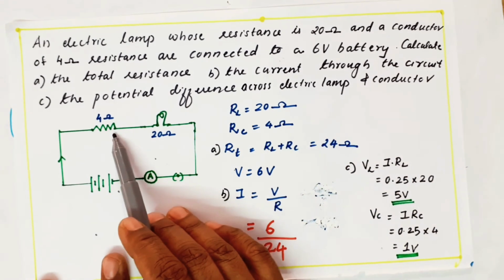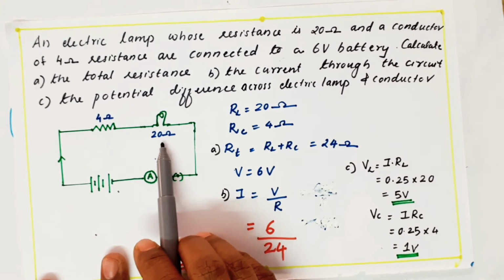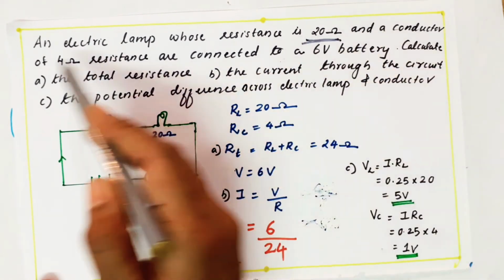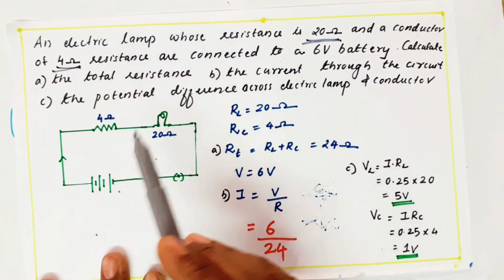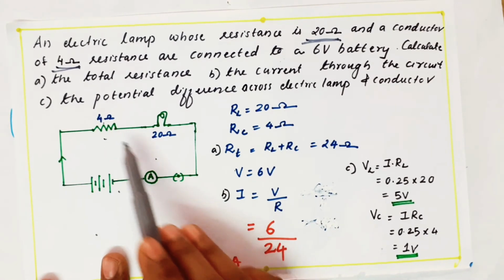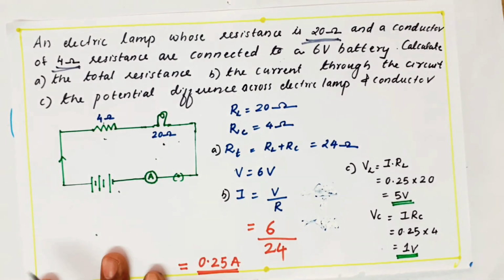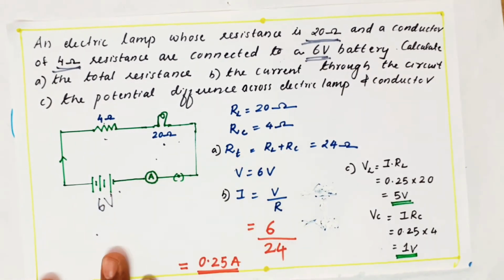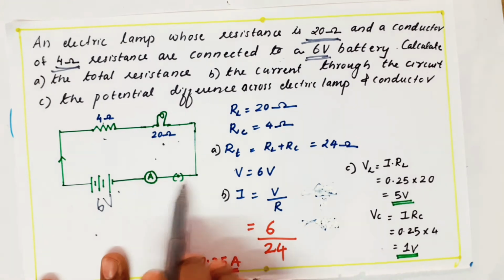This is a conducting wire or a conductor and this is your bulb. They gave bulb 20 ohm and a conductor of resistance 4 ohm. So I marked it here, conductor 4 ohm. For a resistor it is 4 ohm and for a bulb it is 20. And they told it is connected to 6 volt. So this is your 6 volt. We connected an ammeter and key also.